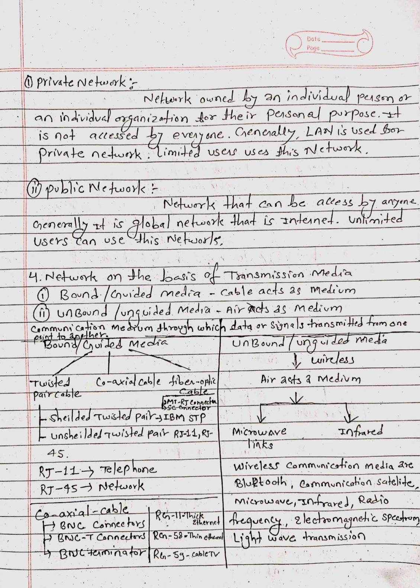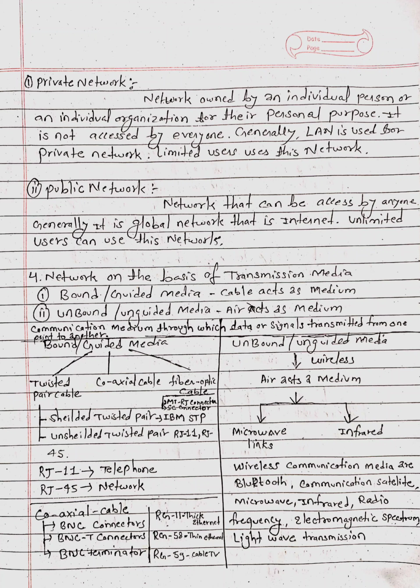Fiber optic cables. SMA, ST connectors and SC connectors are used in fiber optic cables. It is very fast compared to twisted pair and coaxial cable. Twisted pair can be categorized into two parts: shielded and unshielded twisted pair.